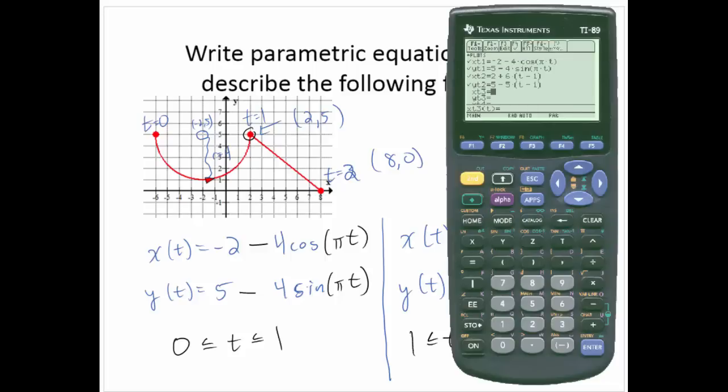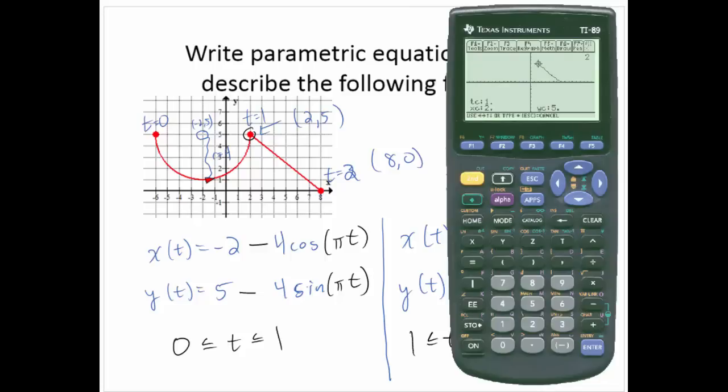All right, and I'm going to turn off x1, y1, and let me adjust my window to go from 1 second to 2 seconds. And we'll graph that. And that looks reasonable. Again, I'll go ahead and trace this.